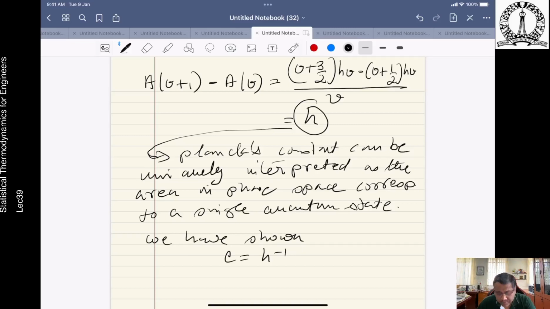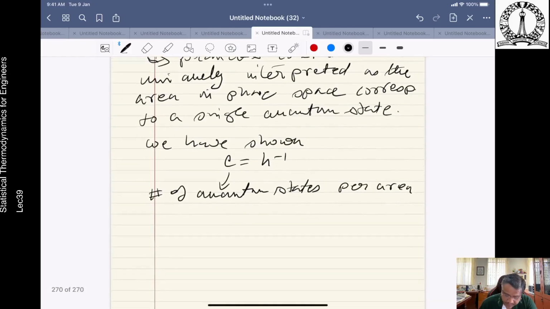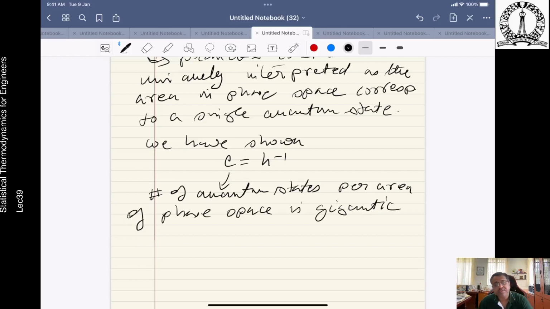Given the magnitude of Planck's constant, the number of quantum states per area of phase space is gigantic, it's enormous.